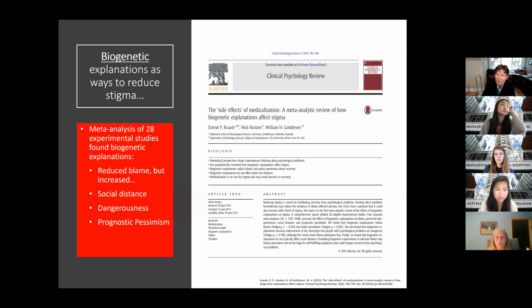But what do we know about the impact of that? Well, it turns out it's good news and bad news. In some ways, that biomedical emphasis can reduce stigma, but not all types of stigma.